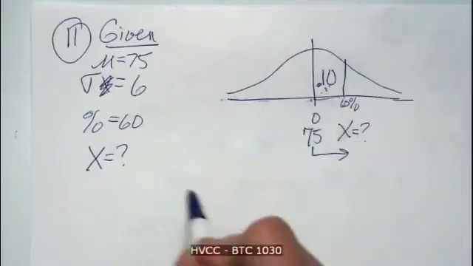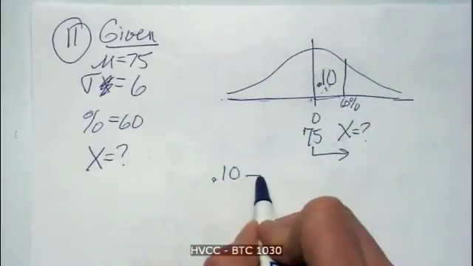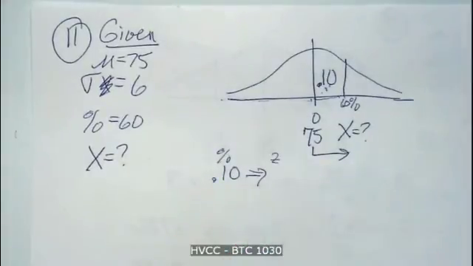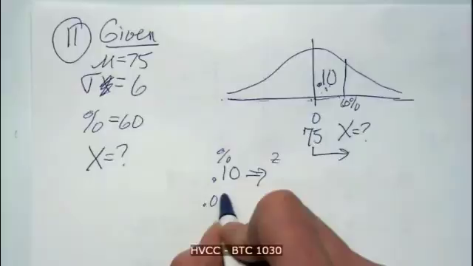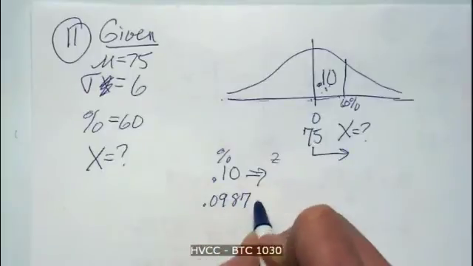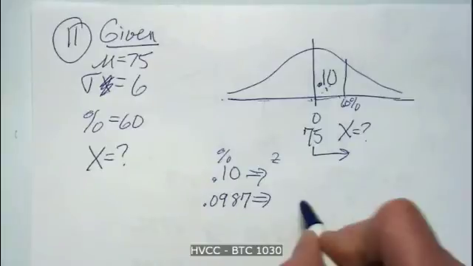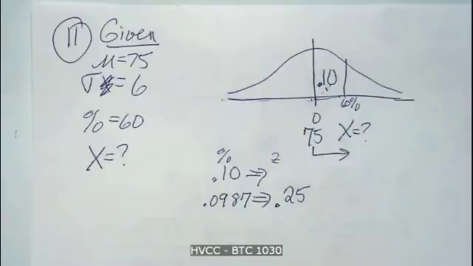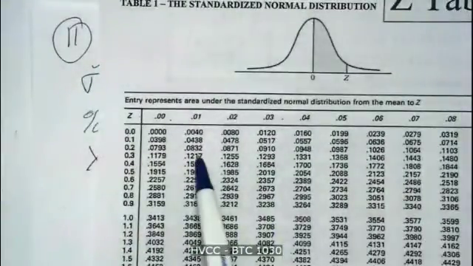I look up 10% in the table. This is the percent, I'm looking up the closest z. What's the closest z to 10%? Well, the closest is 0.0987.